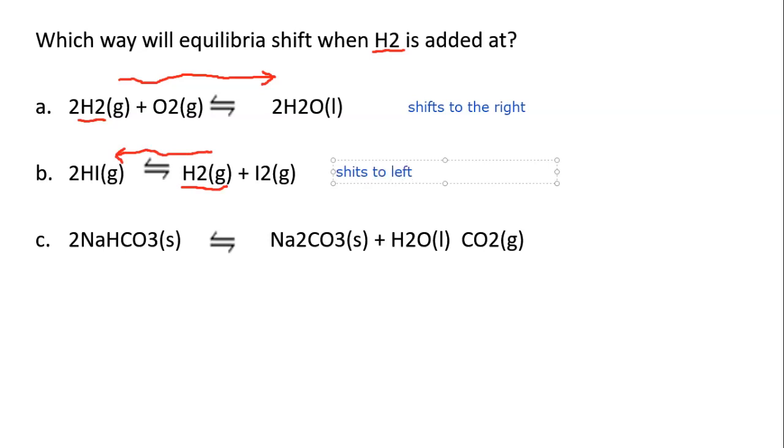Again, it shifts to the left until equilibrium is reestablished. Now in the last one, we don't have H2. So since there's no H2 in the reaction, there's no change.